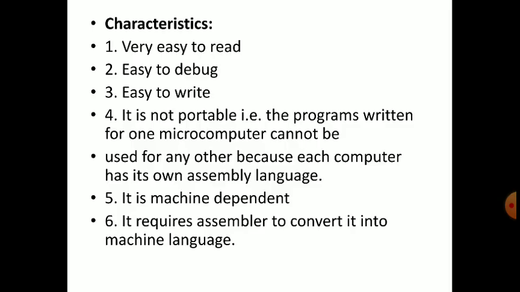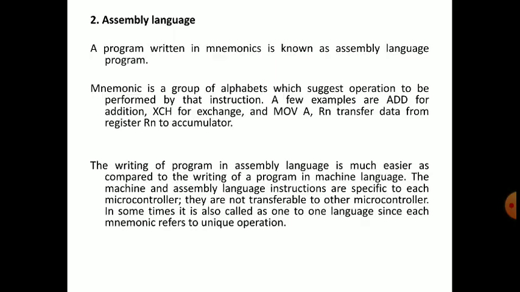The characteristics: it is very easy to read, and easy to debug because we can detect the errors. For example, if we write MOV A comma Rn with a wrong space, that will show an error at that point.